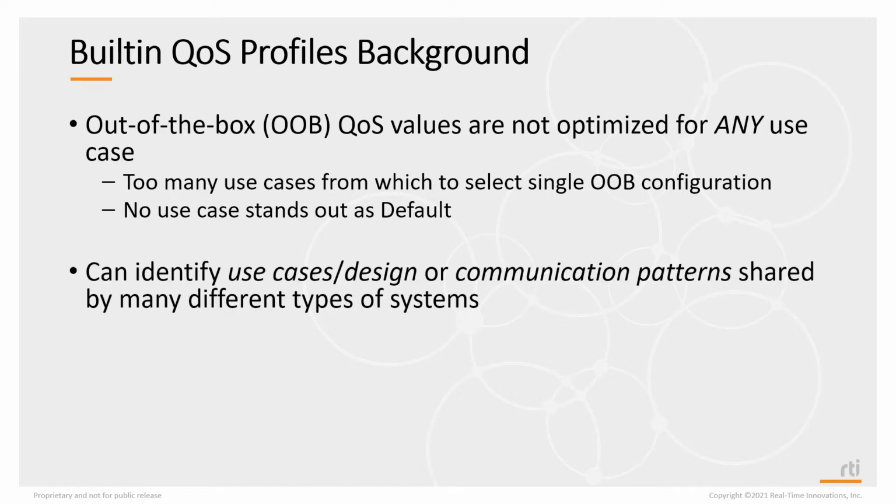However, we can identify common use cases. There are many use cases that are common across lots of customers, common design or communication patterns that are shared, even though the actual systems might be quite different.